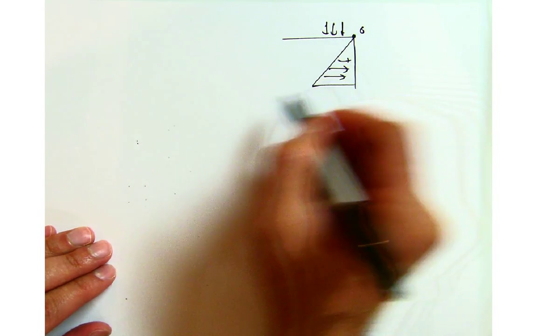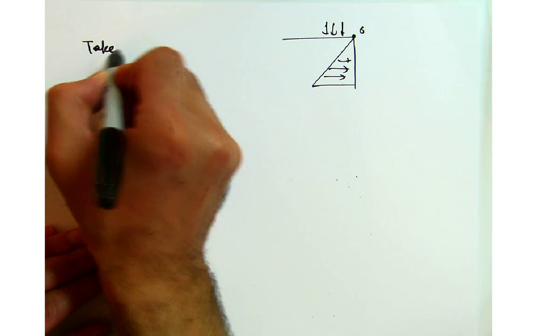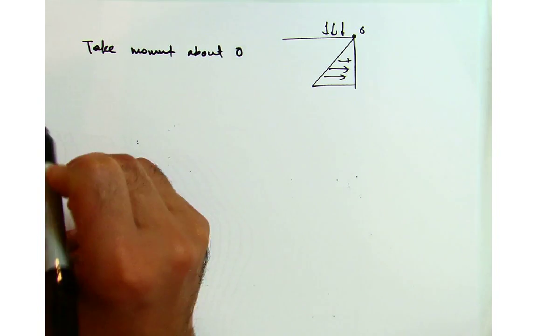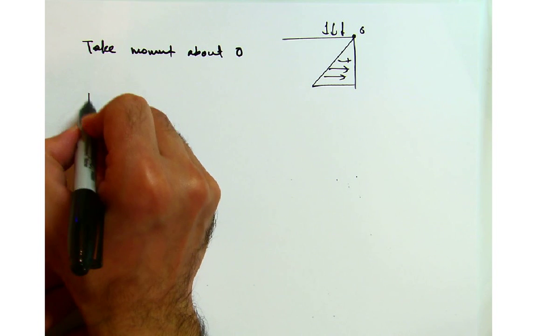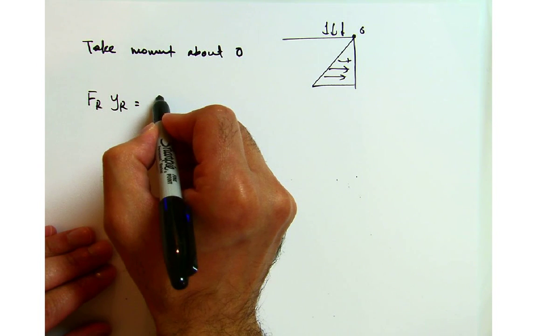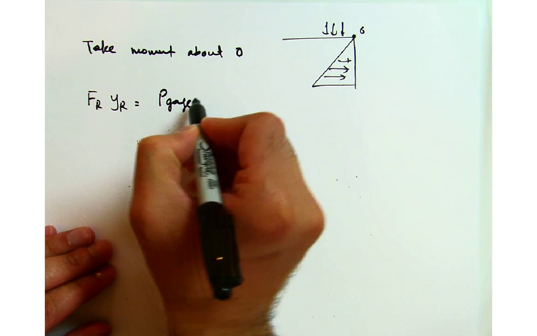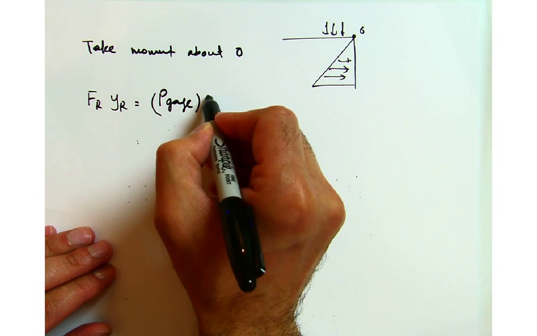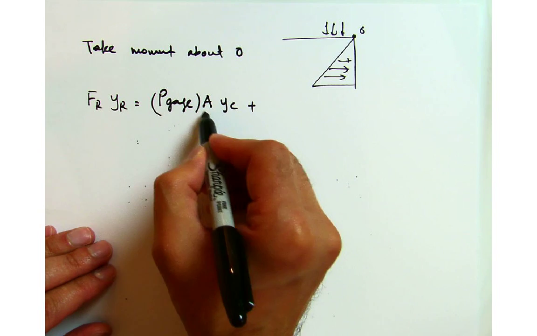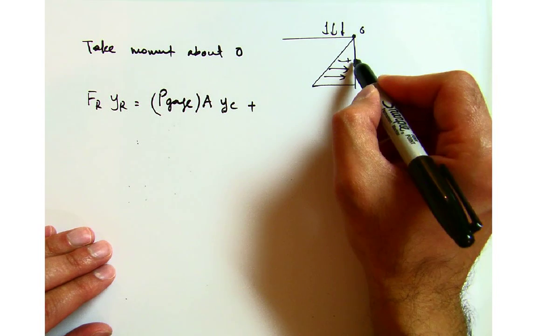This point is O, so take moment about O, and FR times YR is equal to P gauge, and this is the same relationship that we derived earlier. I'm using that. So P gauge times area times the distance to the centroid.